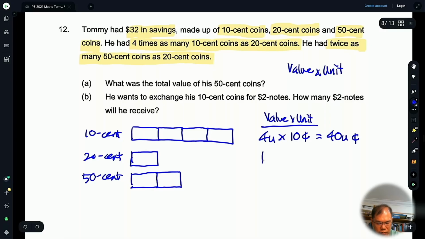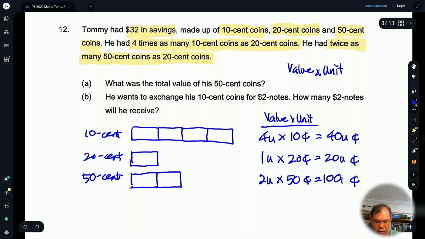Now I have 1 unit of 20-cent coins. So what is the total value of all the 20-cent coins? 20 unit cents. Now, how about the 50 cents? If you guess, 2 times 50 is 100, so it's 100 unit cents.